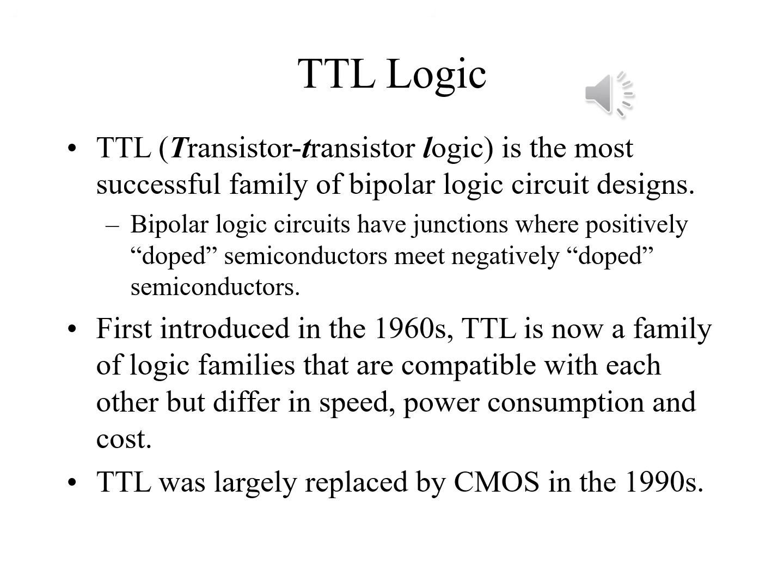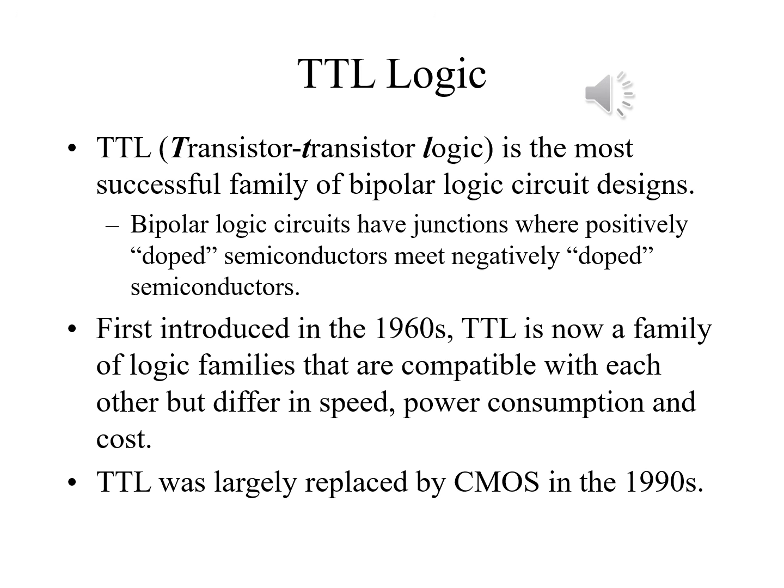The most successful family of bipolar logic circuit designs is transistor-transistor logic, where we take bipolar logic circuits that have junctions where positively doped semiconductor material meets negatively doped semiconductor material.